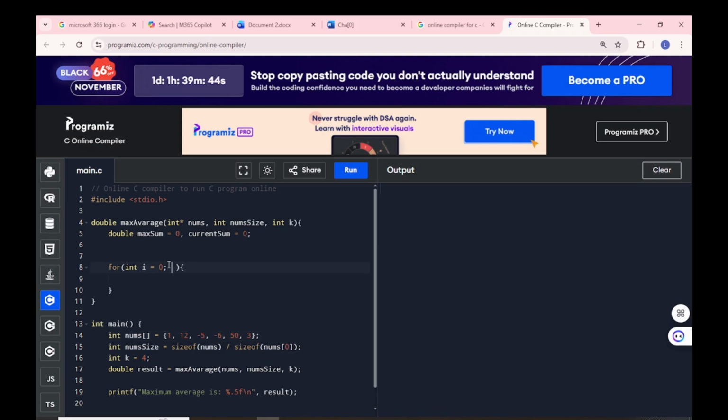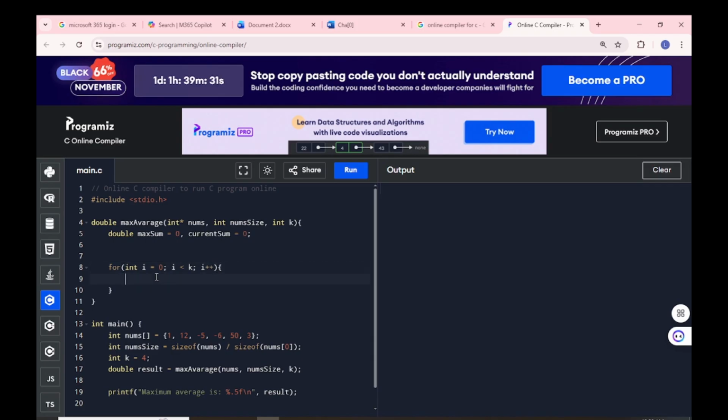I equals 0, I less than k, I plus plus, right? So current sum plus equal to nums I. So this is going to add our first four numbers, right?